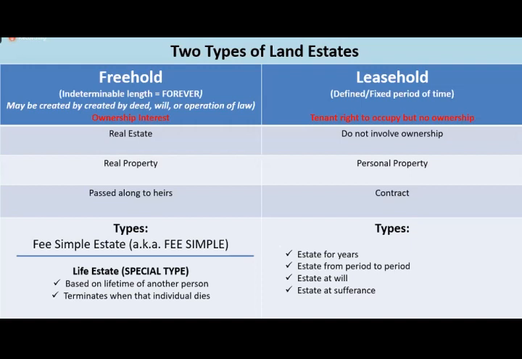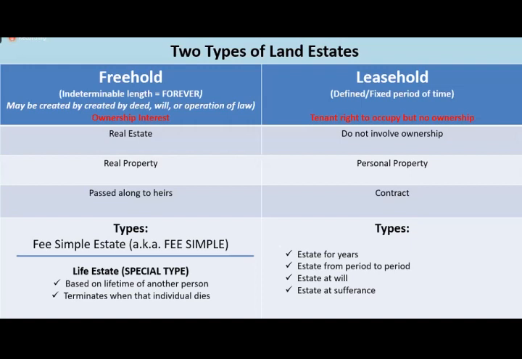But once he passes, even though he has children, he doesn't have ownership interest, so his children would never have interest to that estate or that property. It would, according to my will, then go to my children. Okay? And that's what they're trying to differentiate here. There are life estates, and then there's the one with the ownership interest, which would be your freehold estates.